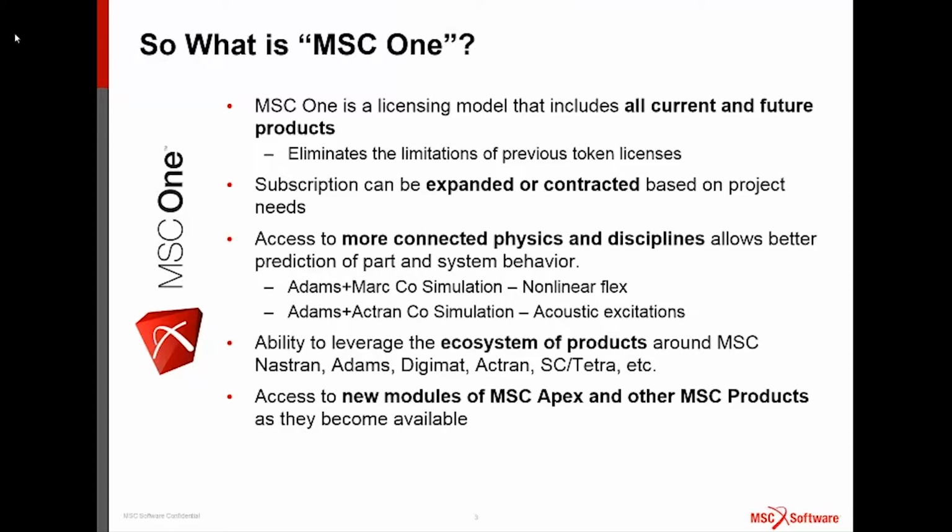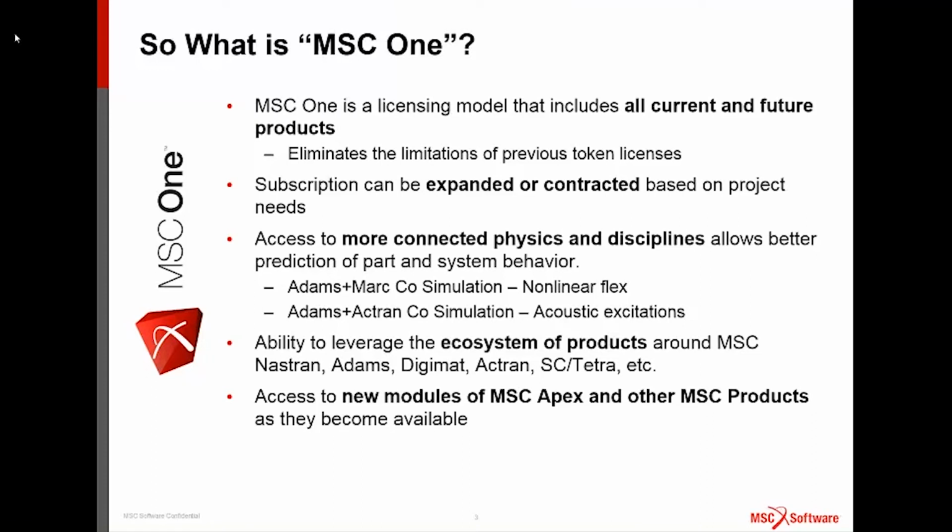As I mentioned on the first slide, it does provide access to some more connected physics and different disciplines, maybe co-simulation examples that are shown here as well, and you have the ability to leverage the full ecosystem of products around MSC. So, for example, Nastran, Adams, Digimat, Actran, SC Tetra, all of the MSC products, as well as new modules that are coming out.